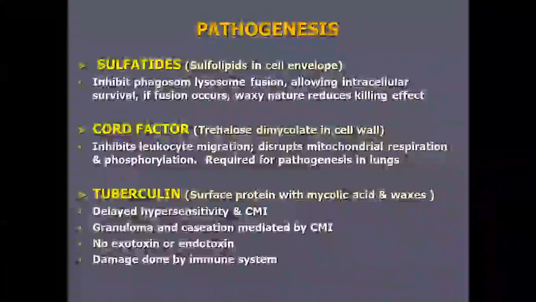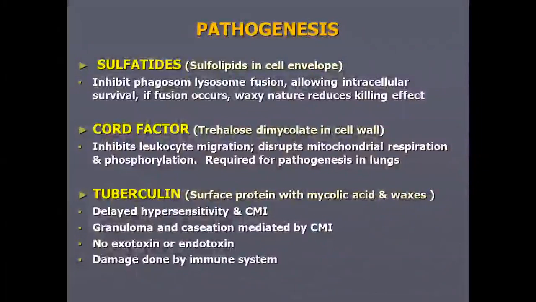Before we embark onto the pathogenesis of Mycobacterium tuberculosis, it is important to understand the virulence determinants. As we all know, Mycobacterium tuberculosis does not have any enzymes or toxins, maybe endotoxins or exotoxins. So what happens is that the organism has some specialized components in its structure that act as virulence determinants.